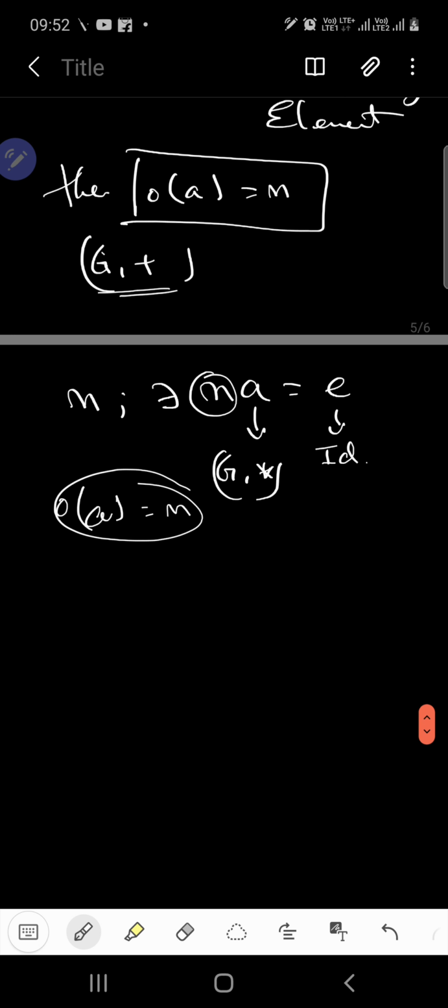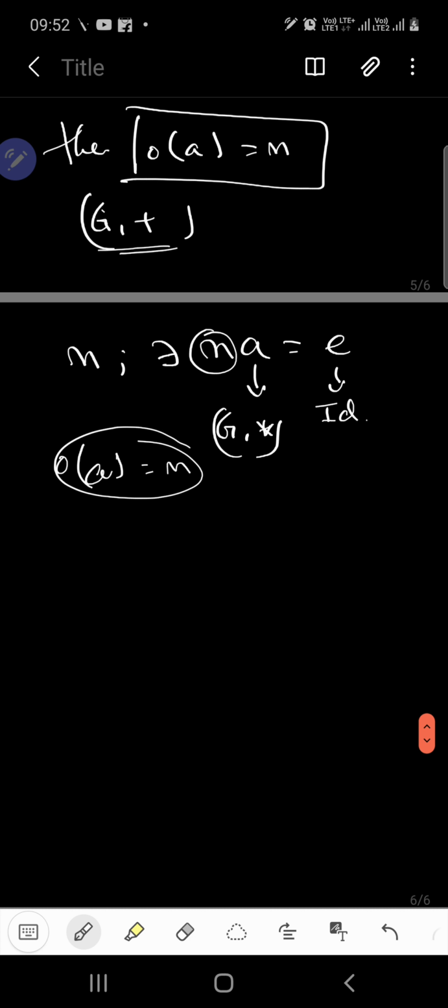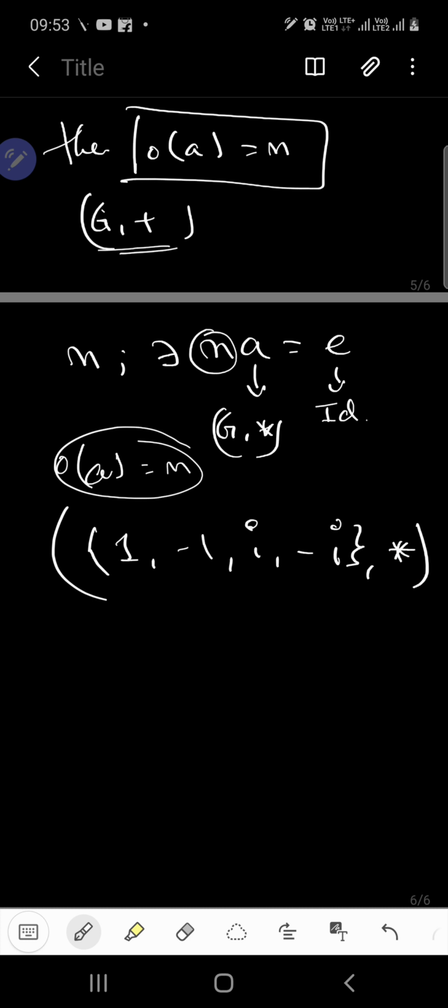Similarly, suppose you have a group like this, and it has its binary operation, say multiplication. As it is a multiplicative group, we can say that its identity is 1.